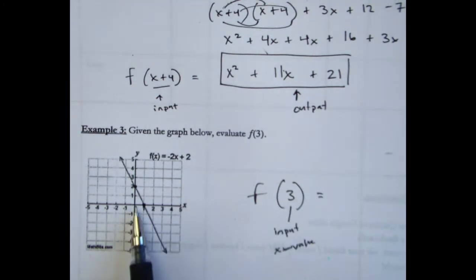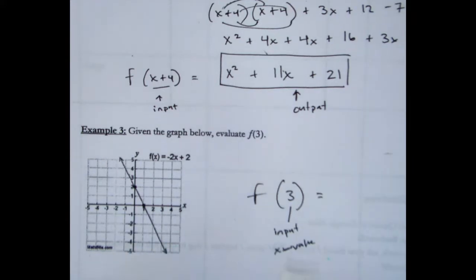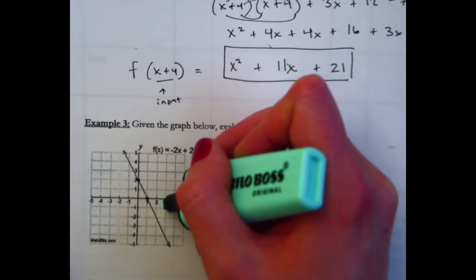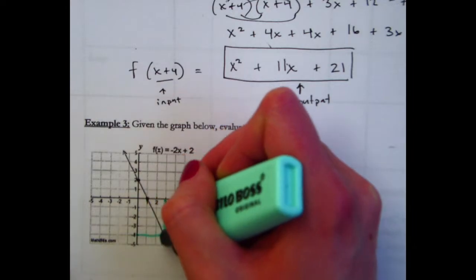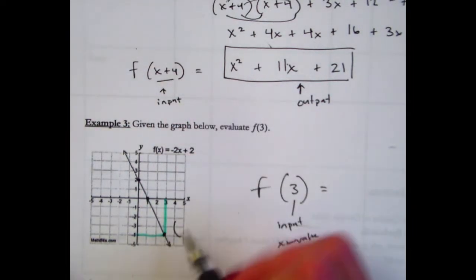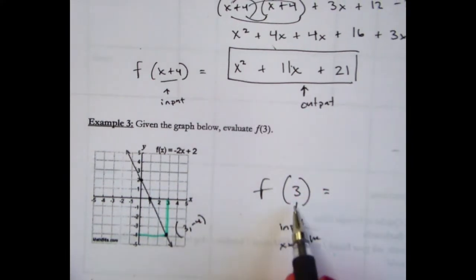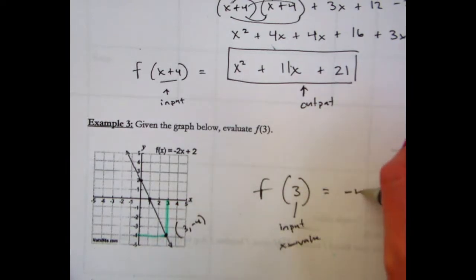Here I can see when the x value is equal to 3, the output, the corresponding y value, is equal to negative 4. So the point is 3 comma negative 4. When my input is 3, my output is negative 4.